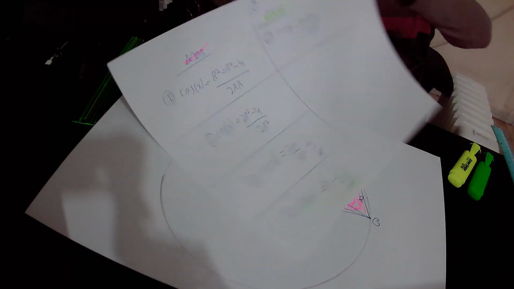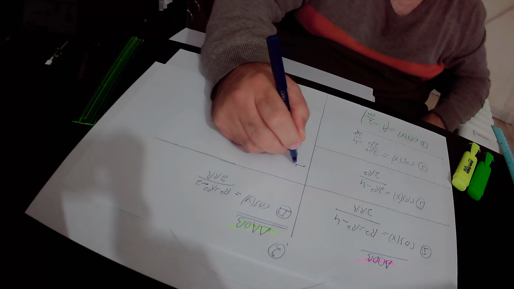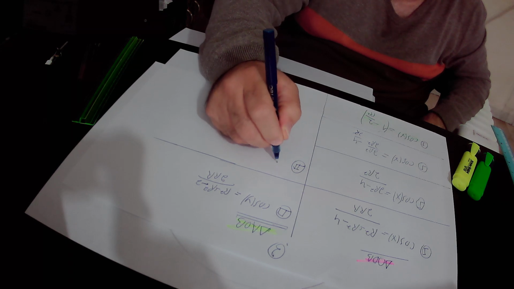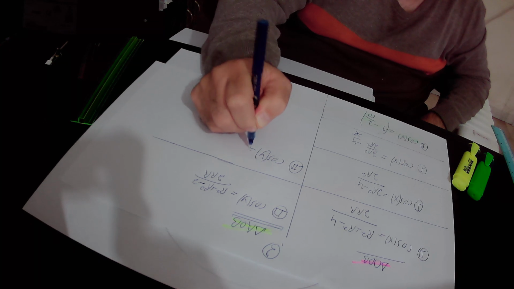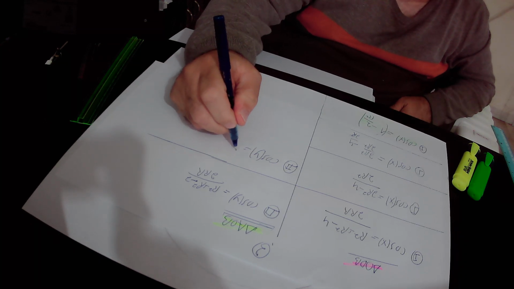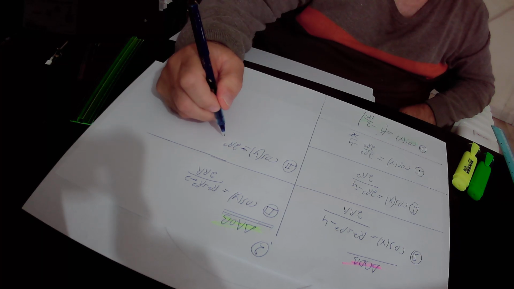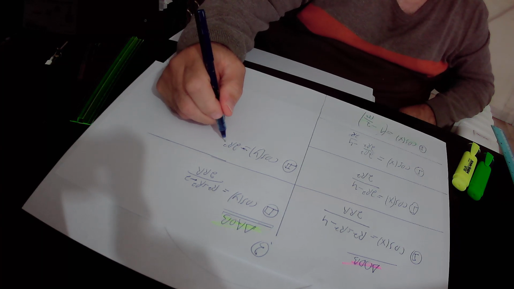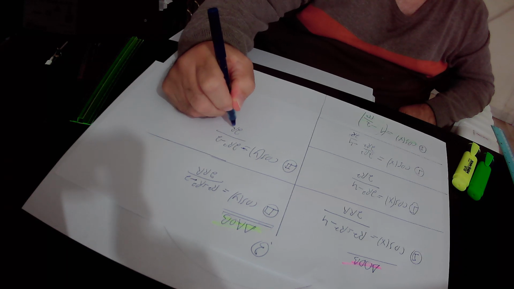So cosine y equals r squared plus r squared, which is 2r squared, minus 2 over 2 times r times r, which is 2r squared.